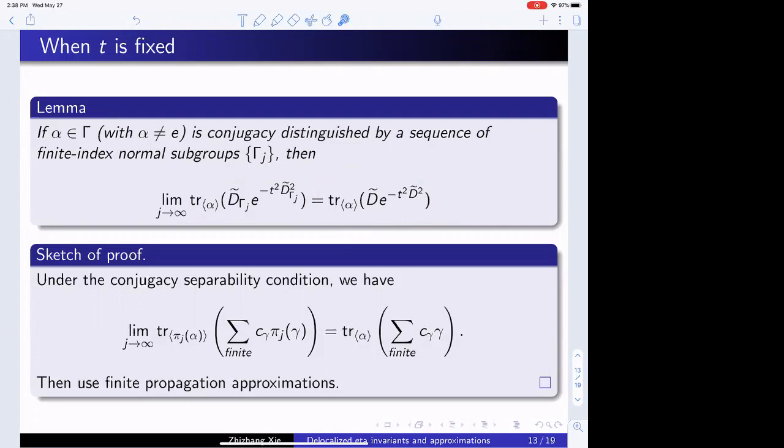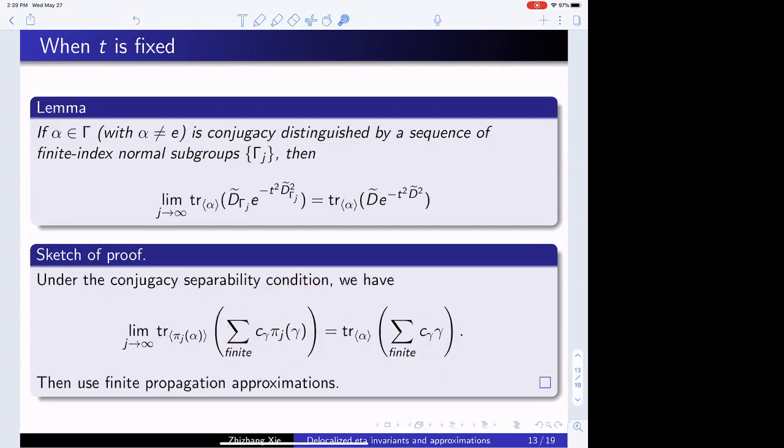Okay. This really follows from some standard finite propagation estimates. In some sense, what it boils down to is that if you look at a finite sum of group elements like this, then under the conjugacy separability condition above, it's trivial to see that it converges to this if there are only finitely many terms.